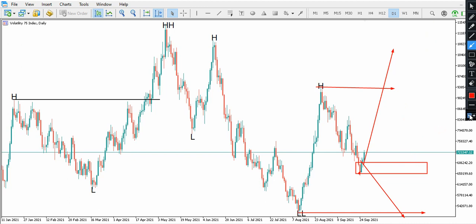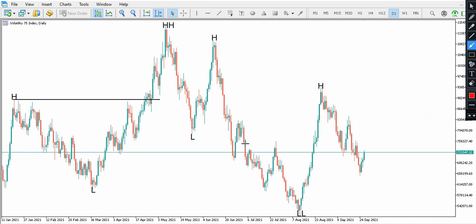So I do not have to go deep on lower time frames, but for the sake of education purposes, I think I will. Okay, so we are on a daily time frame. We have a clear market structure here.